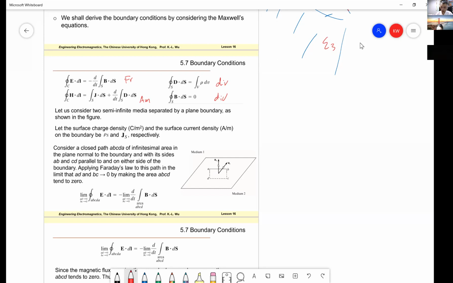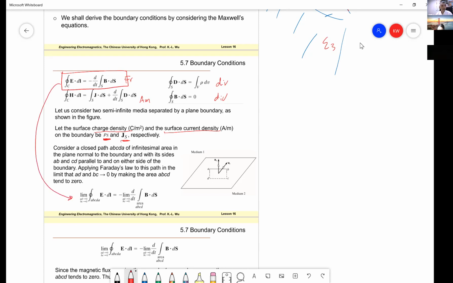Then let's assume on the surface we have some surface current, some current density, and also we may have charge density, rho, on the surface, because we are dealing with a surface. Let's use integral form.